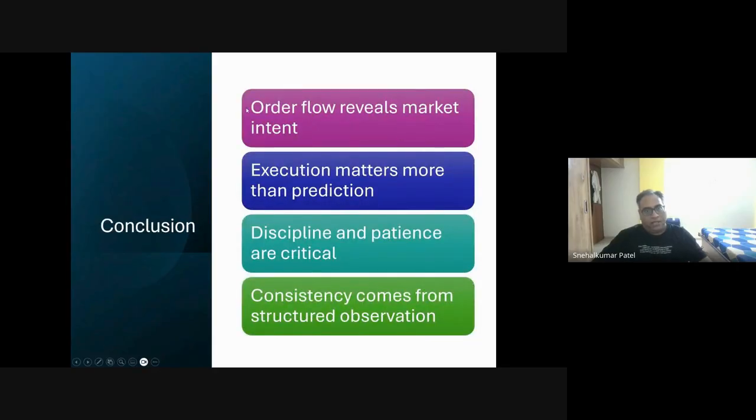So we saw in the session today, there are many things in the order flow that are very new, and probably in this one session we wouldn't be able to grasp those concepts.